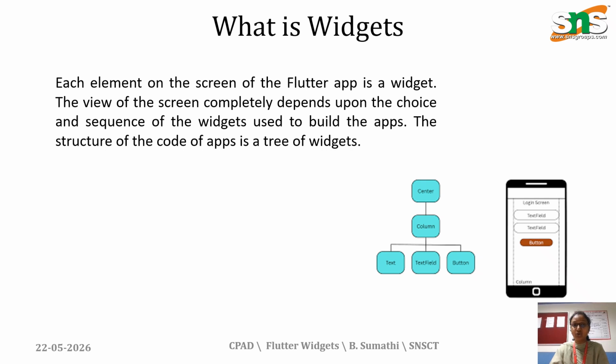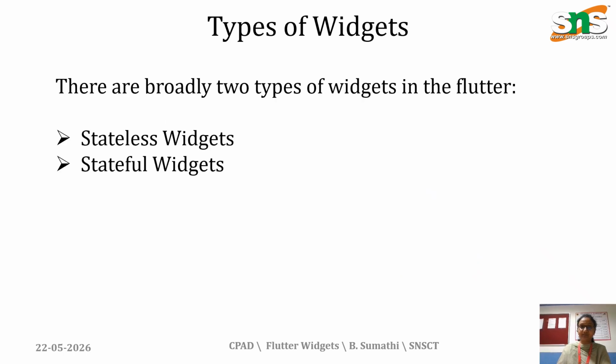The structure of the code of the app is a tree of widgets. So this is the basic concept of widgets. In your Flutter application, whatever element we see on the screen, it's all called a widget. A text box, a button, a small image, whatever it may be, it's all called a widget.